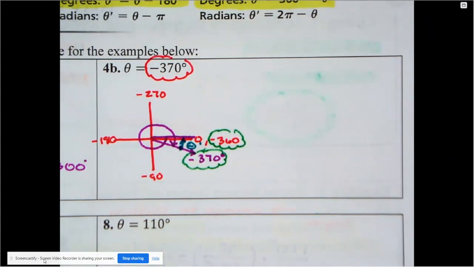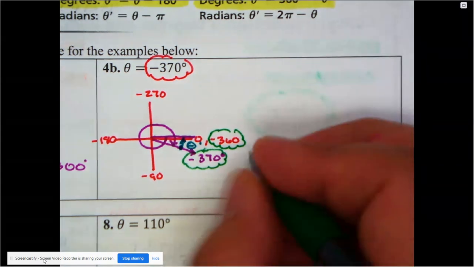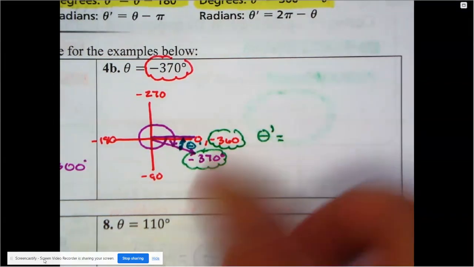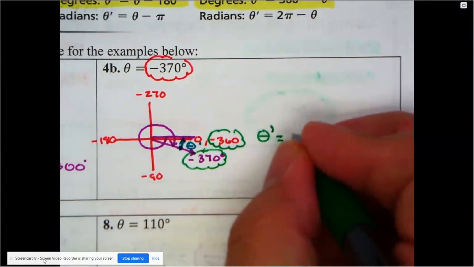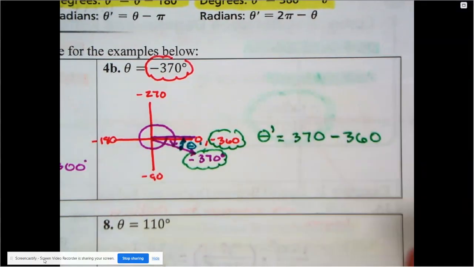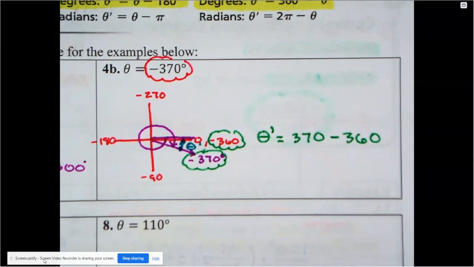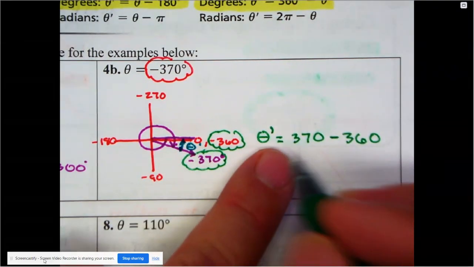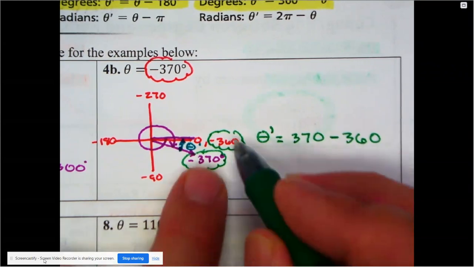It has to be a positive number. So even for this one right here that we're doing, all I have to do is go theta prime is equal to 370 is bigger. I'm going 370, take away the 360. And if you're wondering, hey, but I thought it was negative 370. Remember, we drew the angle. My reference angle needs to be positive. I'm just going, think absolute values.